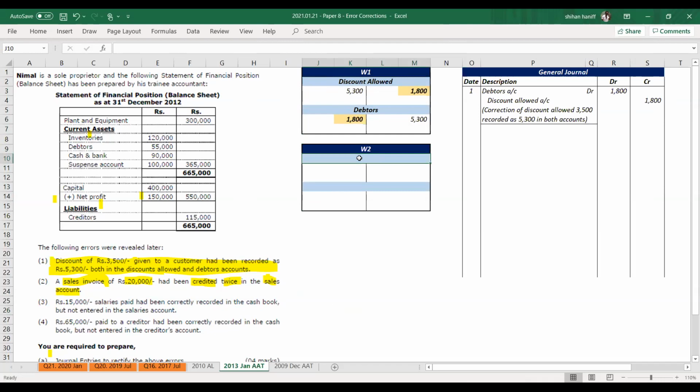Double entry for sales: debtors account debit, sales account credit. So the sales account was credited twice. They are not telling anything about the debtors, so we assume that the debtors account is correct.